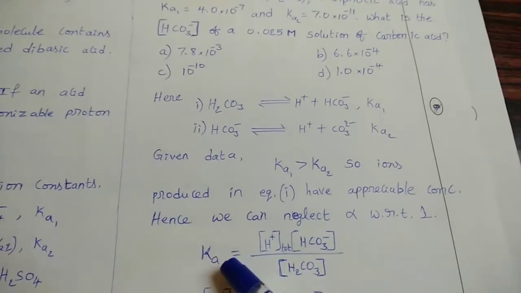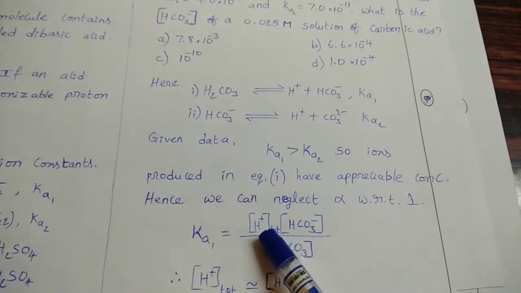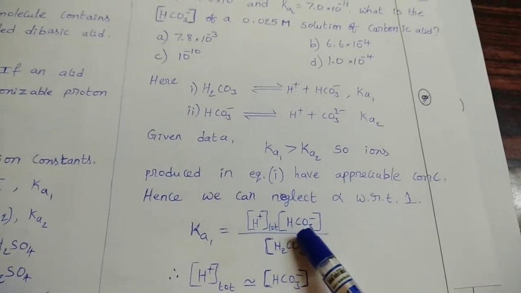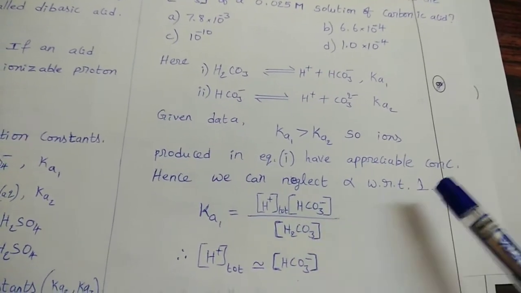So for Ka1, what is the expression? Total H plus ion concentration times HCO3 minus ion concentration, divided by the H2CO3 concentration.